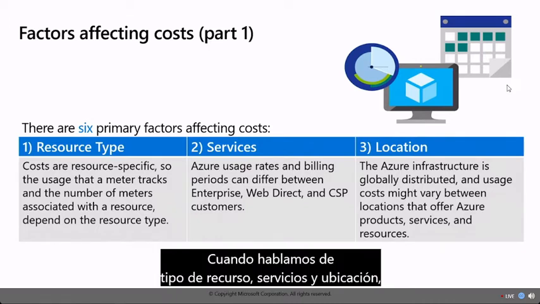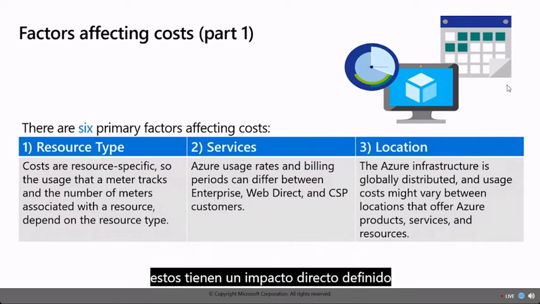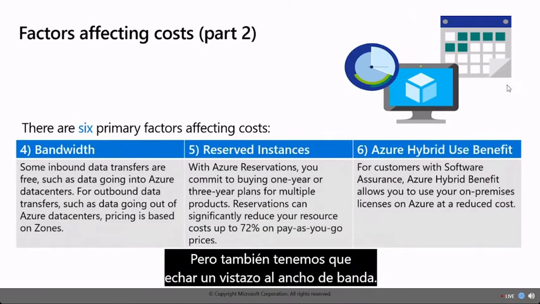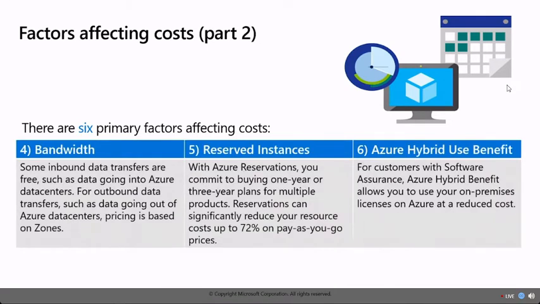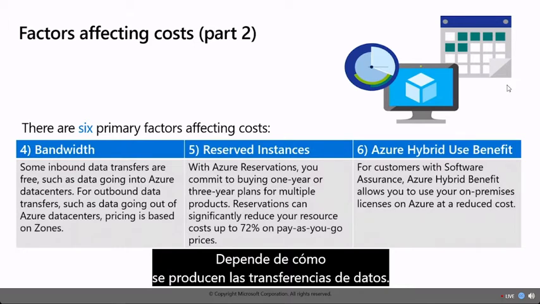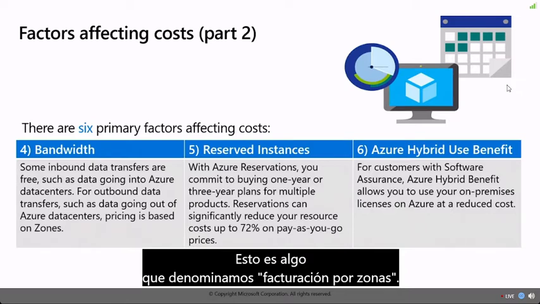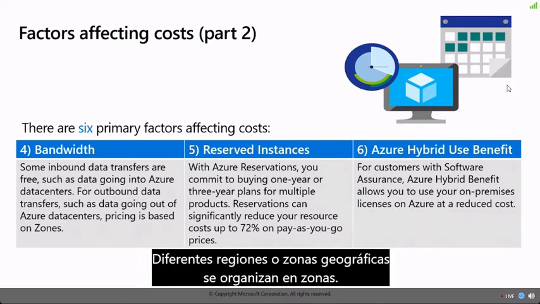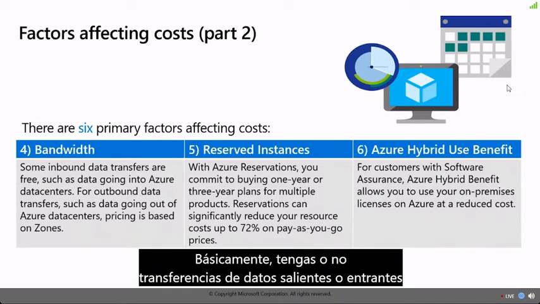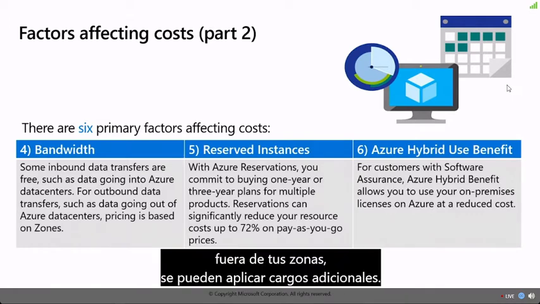Now, when we talk about resource type, services, and locations, those have a definite direct impact on your spend or on your cost. But we also need to take a look at bandwidth, depending on how your data transfers are going. There is something that we call billing by zones, and different regions and geographies are organized into zones. Essentially, whether or not you have outbound or inbound data transfers outside of your zones, there can be additional charges.